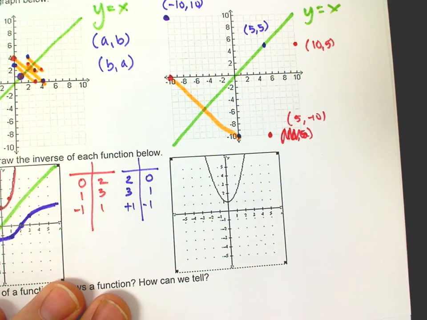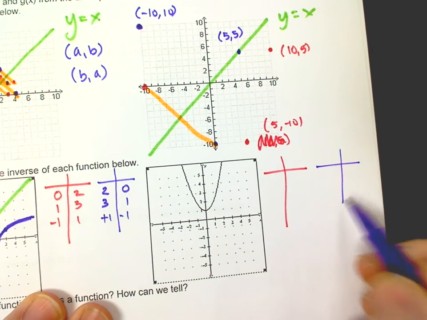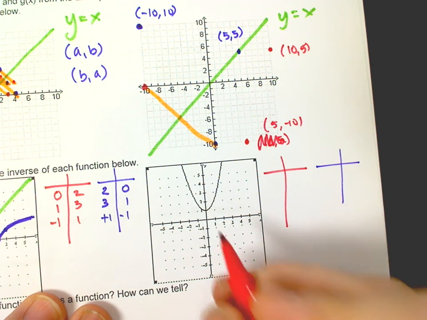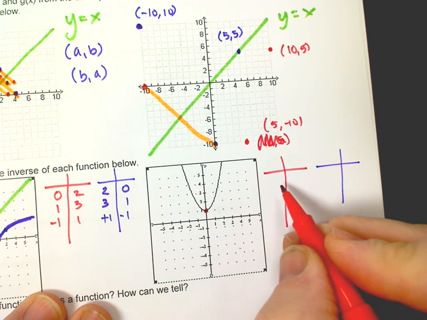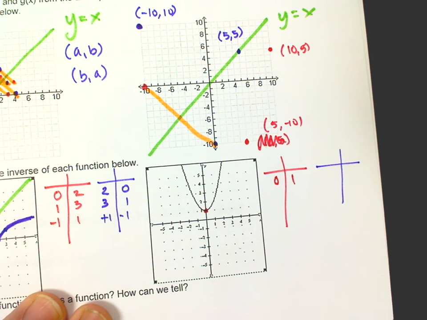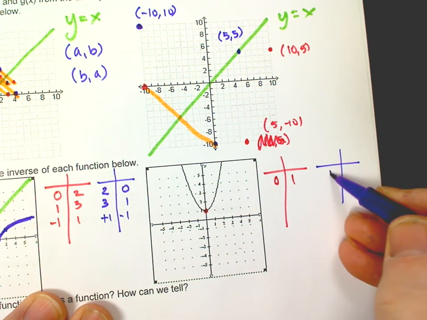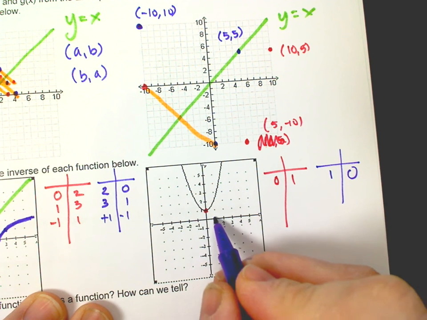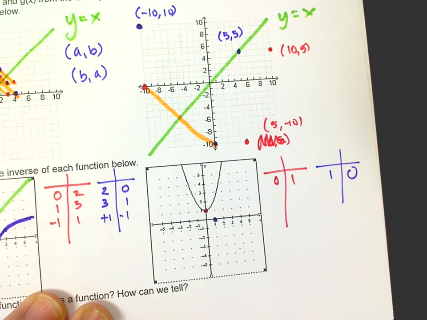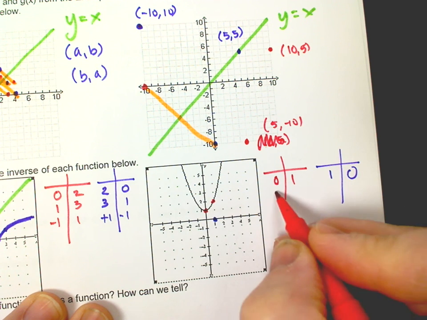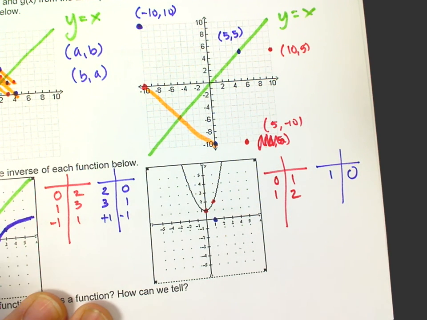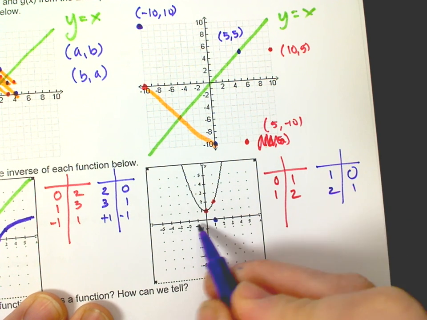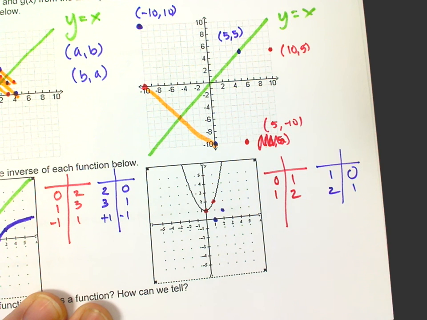We're going to take some points on our parabola and switch them around. So this point here is (0, 1). That becomes (1, 0). I'll go ahead and plot that as we do it. And the point (1, 2) becomes (2, 1), to the right 2, up 1.